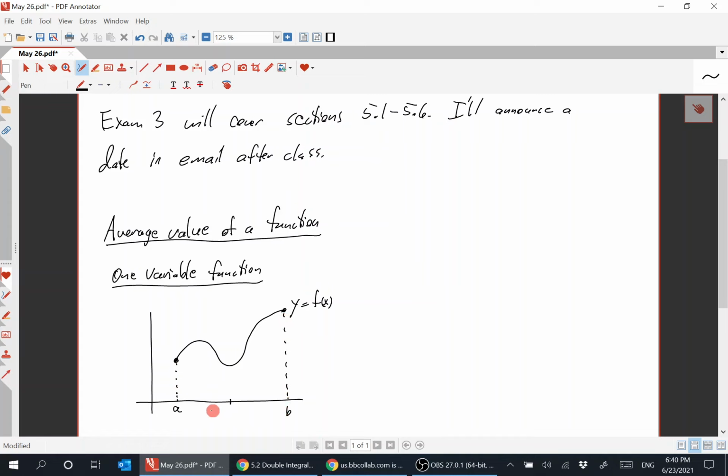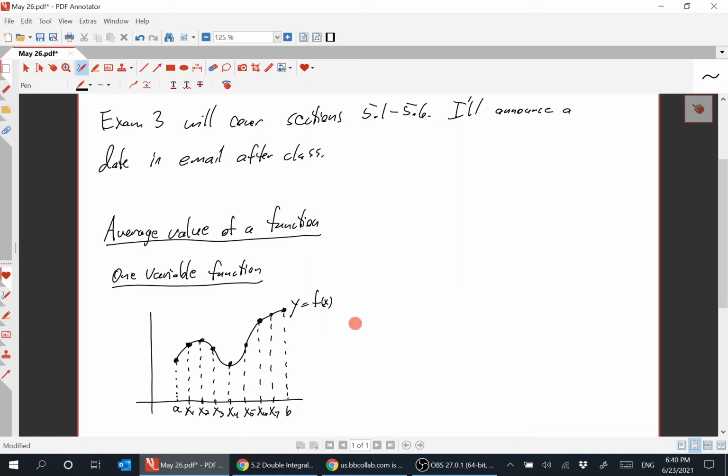So if you cut the interval up into subintervals as usual, this is x1, x2, x3, x4, x5, x6, x7, like that. And then you take those values of the function, forgetting about rectangles for the moment, sort of evenly spaced width-wise along the curve y equals f of x. And then b is x8.